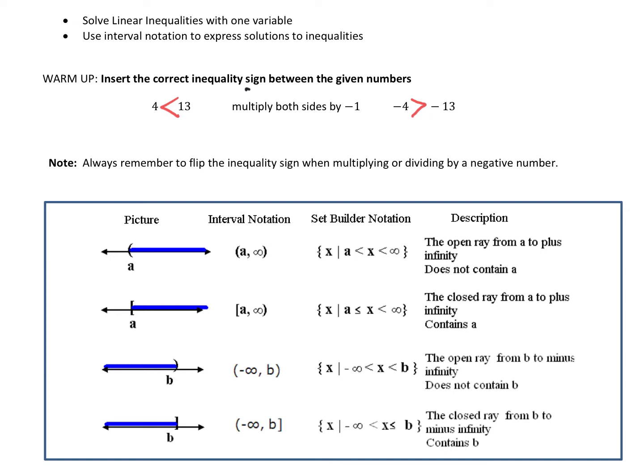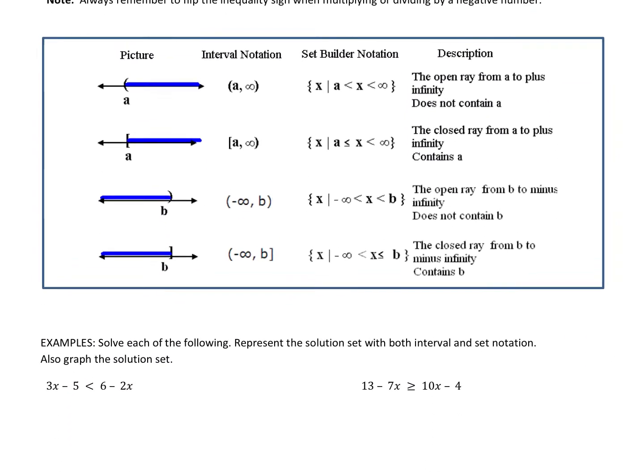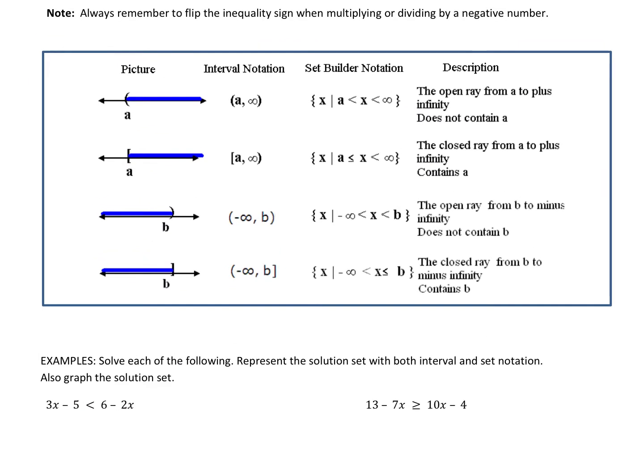direction of the inequality. In addition, we're going to use interval notation to represent our solutions. And I know we've talked about interval notation before, but if you're going to use a less than or a greater than symbol, we're going to use parentheses.